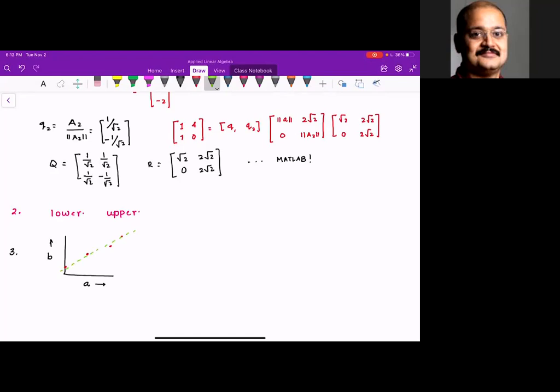How do we define a line? A line is nothing but y is equal to mx plus c. Do you agree with me?